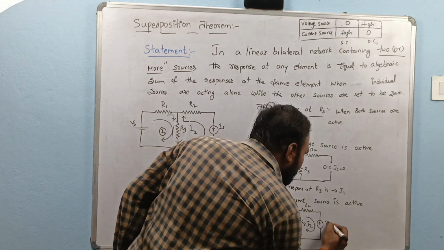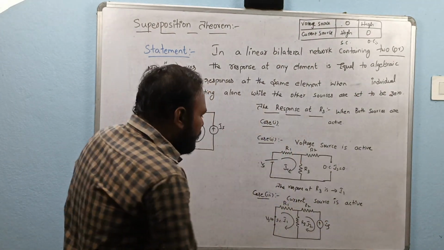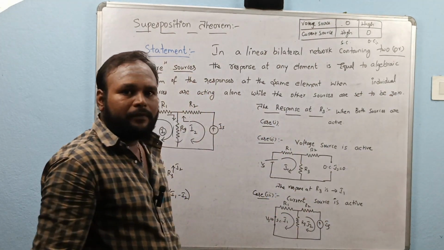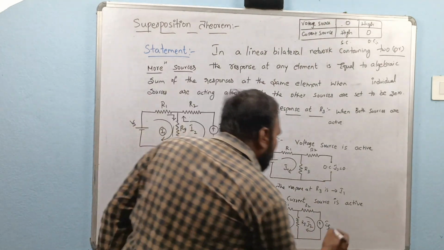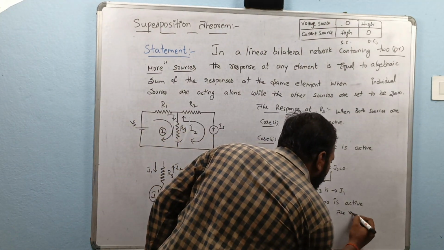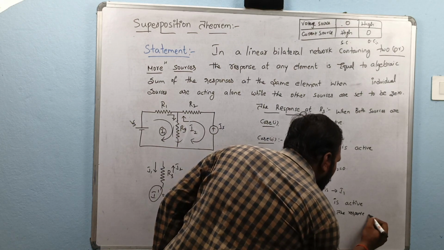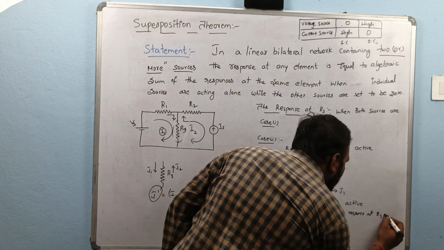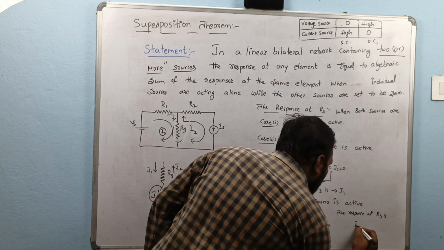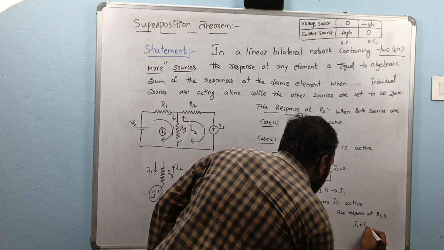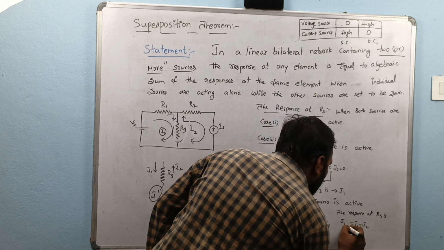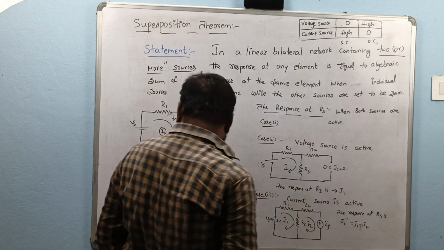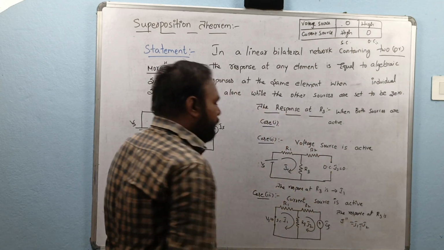Here Is is active. Now what is the current response through the element R3? So the response at R3 is I1 minus I2, that is equal to I double dash.